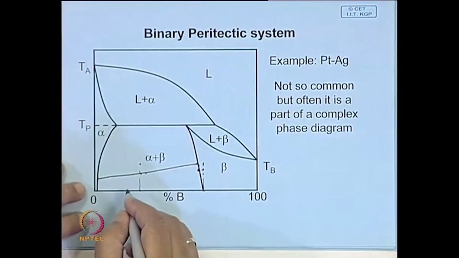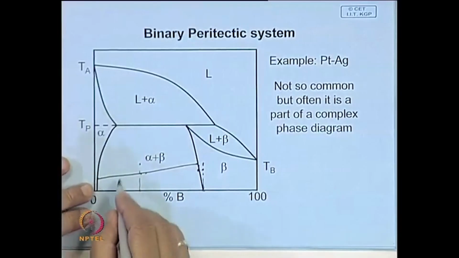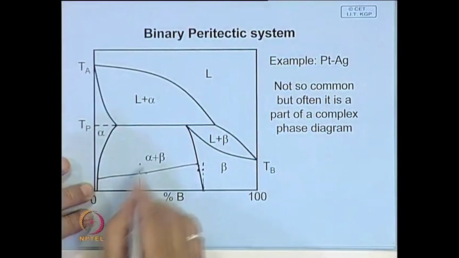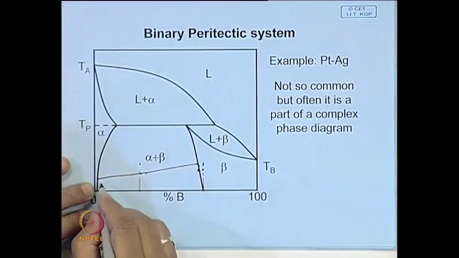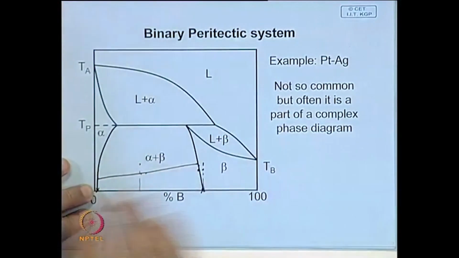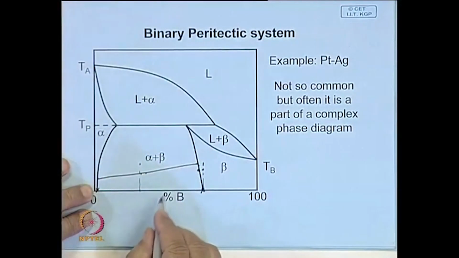And also, if you look at the microstructure, suppose this diagram is not known, it is also possible to locate these compositions from analysis of the microstructure.